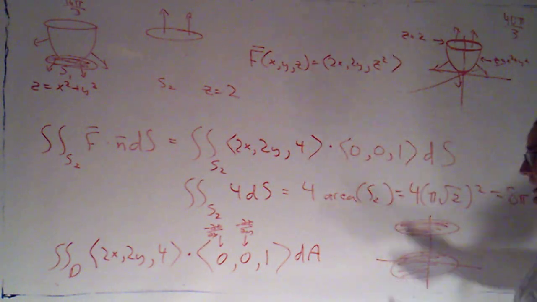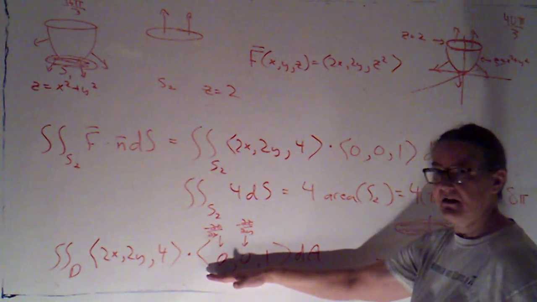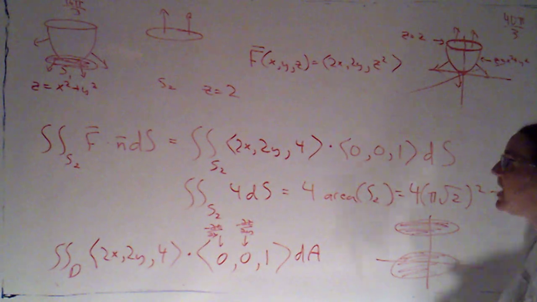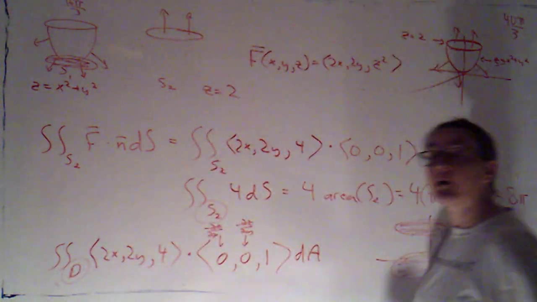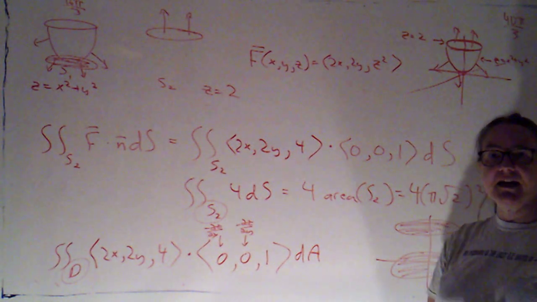It's totally fine to say I'm going to use my parametrization that z is a function of x and y and use the non-normalized normal vector, which just happens to be a unit vector in this case. So you could do this one either keeping it over S2 or dropping it down onto D. Really doesn't matter in this particular case.